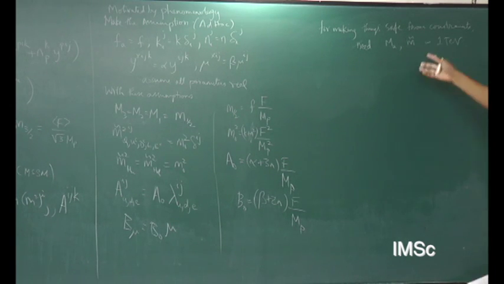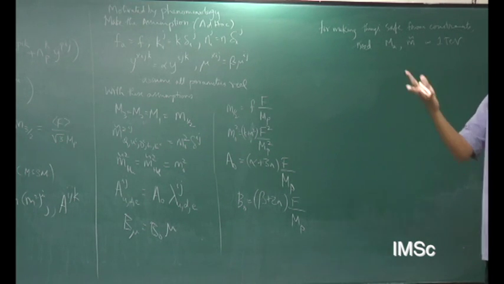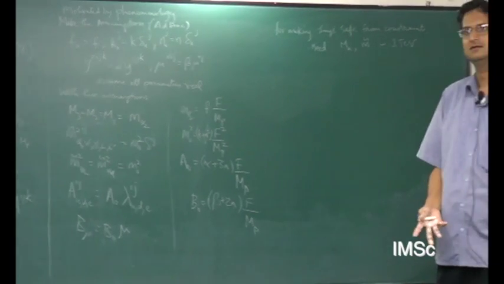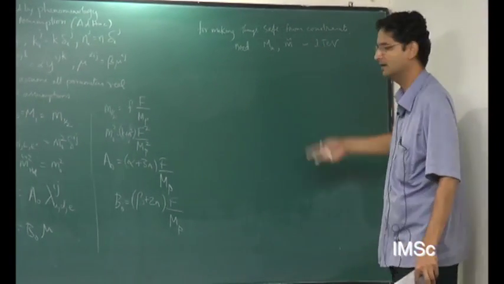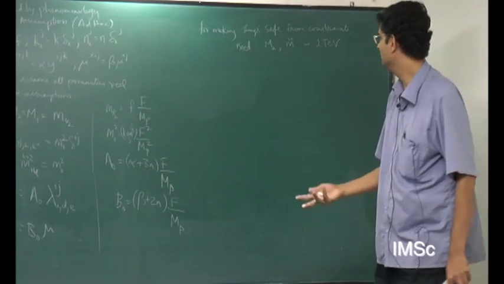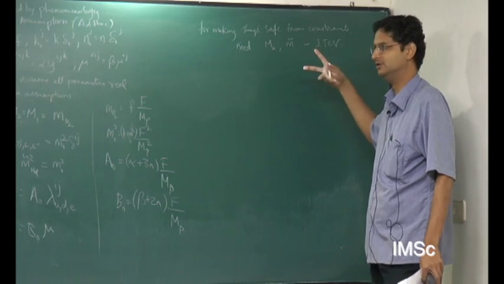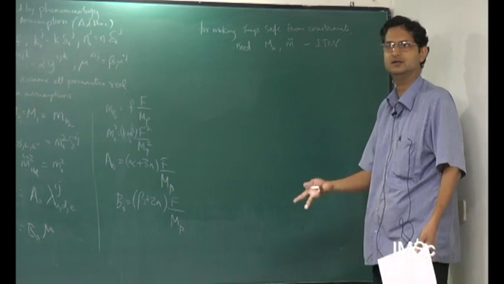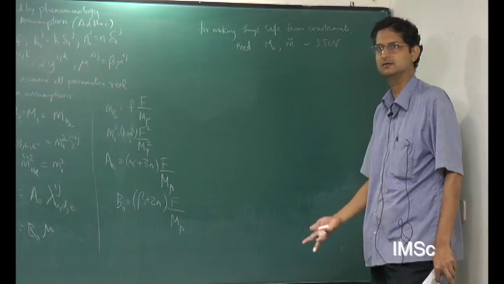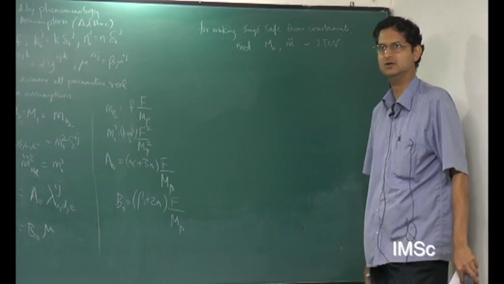I'm just saying roughly it will come out to be of the order of a TeV. In some cases it can be 100 GeV if you take the limit on a Bino or something. It will be much lower than for something like a first generation squark, which must be beyond a TeV. Already we know that from EDM and so on. Whereas the limit on a stop may not be so tight. It can be a few hundred, 300, 400 GeV and so on. And something on a neutralino can be much lighter, 150 or something may be allowed, and even lower in some cases. It depends on the exact model that you are working with.